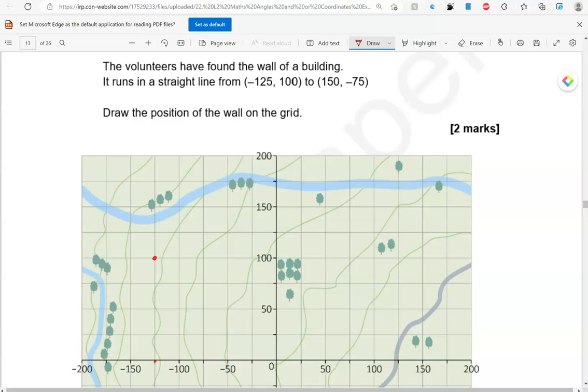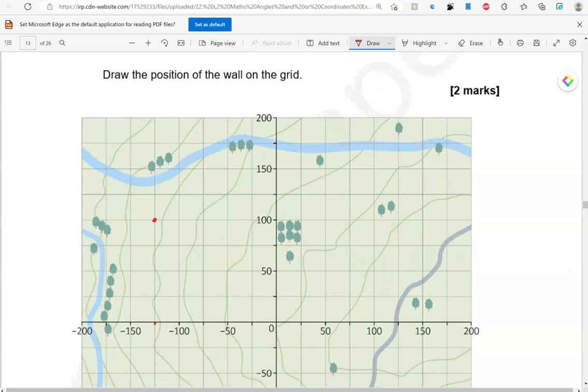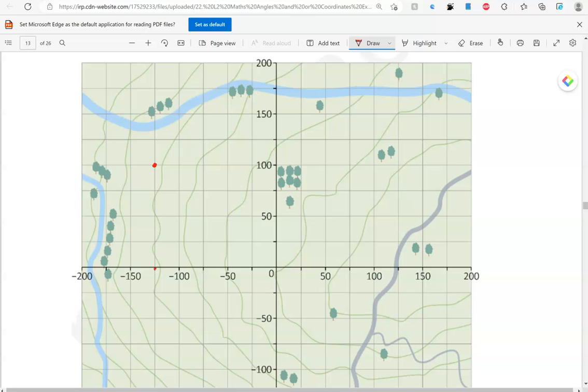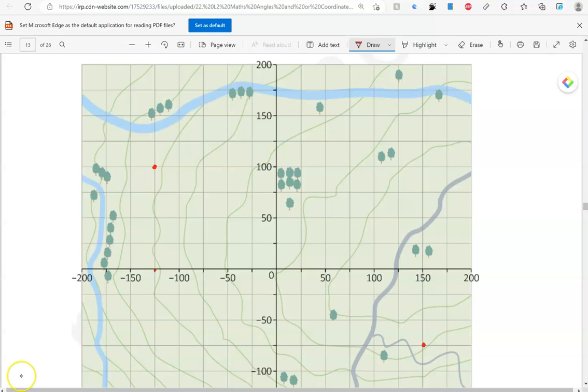So that's 1 point. Then we have 150, which is here, and it goes down to -75. So that ought to be this point here. So we need to draw a straight line that connects these 2 points. So using a ruler, you will join these 2 points by a straight line.